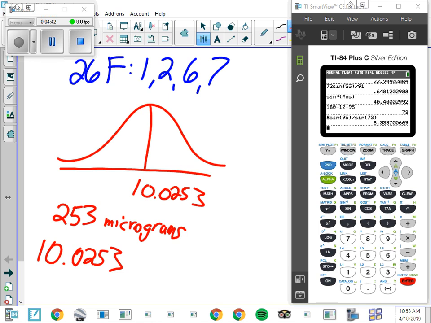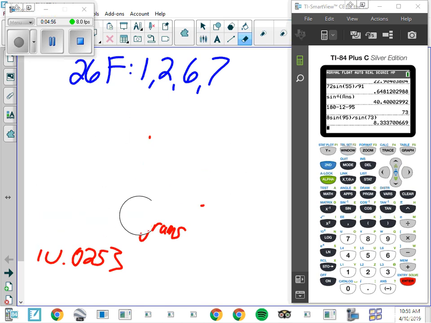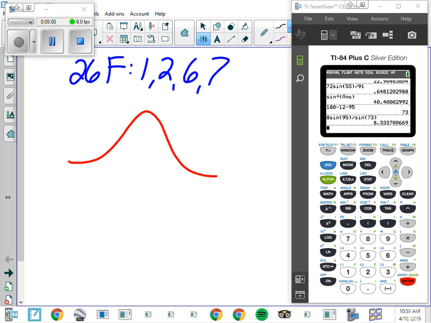But we're not going to do that. What are we going to call the middle of our normal curve? Just this. Okay, we'll ignore the 10. And we'll just say, okay, we expect the middle to be 253.